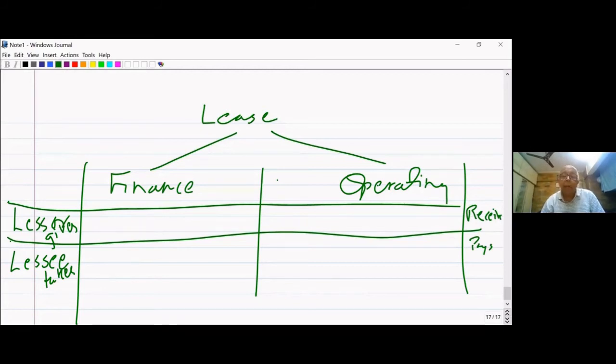Let us say the useful life of the asset is 10 years and the rent period is also 10 years. Then what has really happened? The asset is sold. Therefore, it's a finance lease. And if it is 5 years or 7 years, then it's an operating lease.